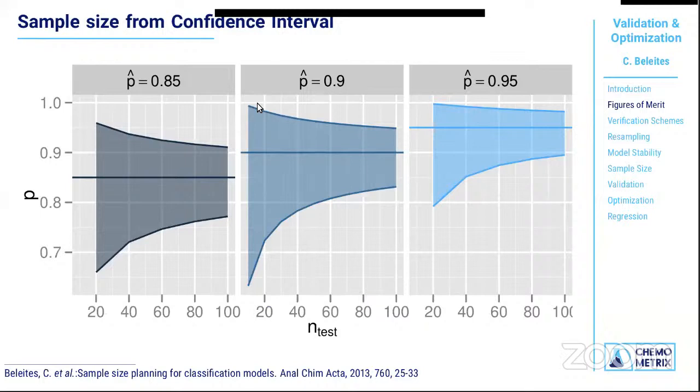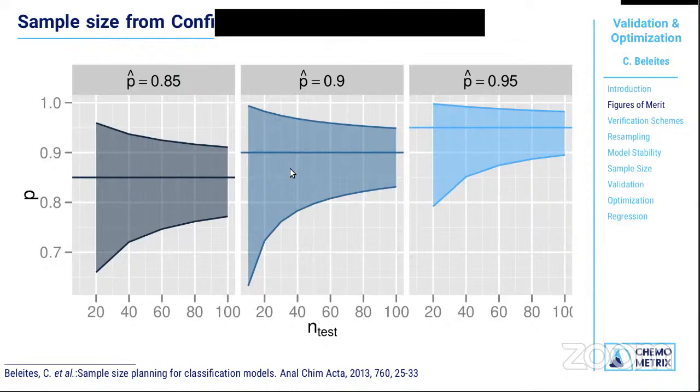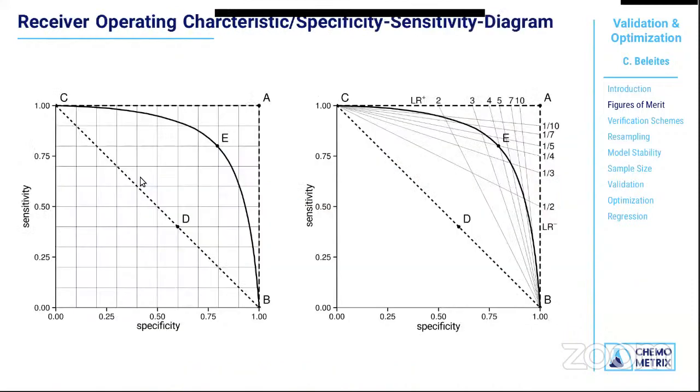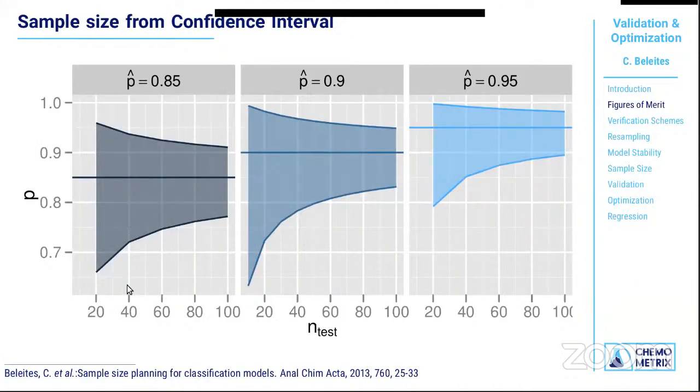What we can do with these confidence intervals, which is also important for planning our tests, is we can have a look at the width of such confidence intervals, depending on the number of cases we have in the denominator of our proportion and on the observed proportion.